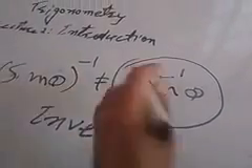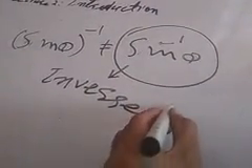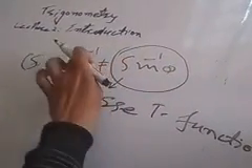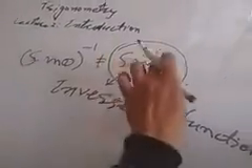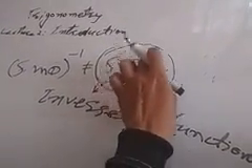When you write minus 1 power over sine, it is a symbol for inverse trigonometric functions. Here sine theta raised to minus 1 is not equal to sine inverse theta.